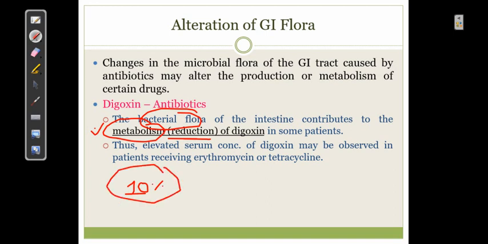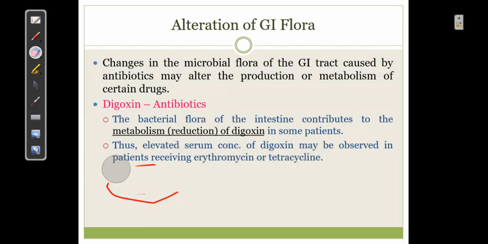If, for example, you give digoxin with drugs like azithromycin, erythromycin, or tetracycline, then this bacterial flora is going to be disturbed. Once the bacterial flora is no longer available, the metabolism of digoxin will not happen, because it was the bacteria that were responsible for the metabolism.